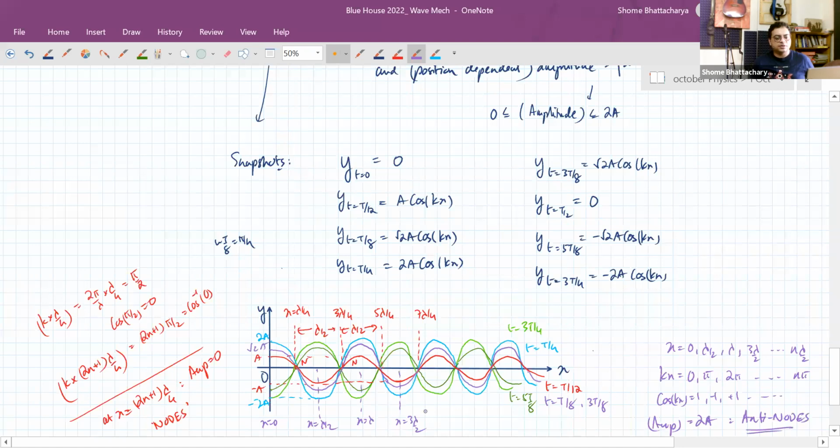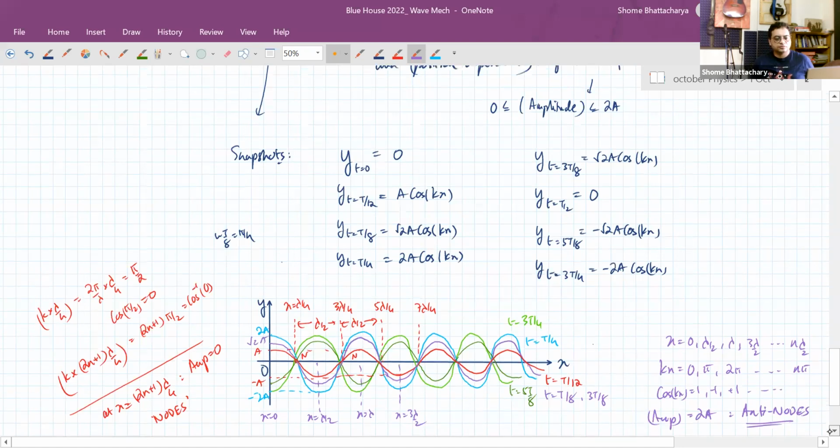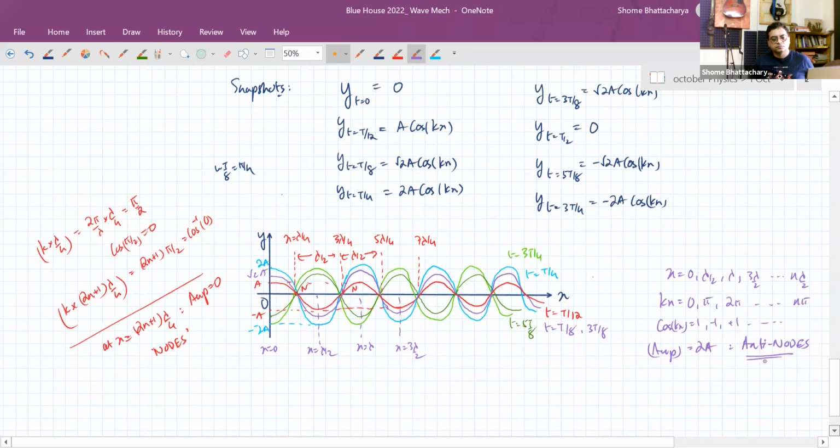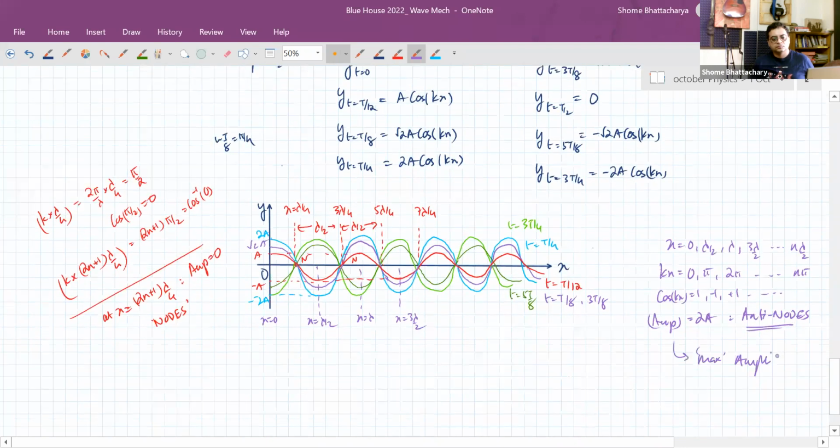They are the positions where the amplitude is maximum, and consecutive antinodes are at lambda by 2. So there are alternate nodes and antinodes like this.